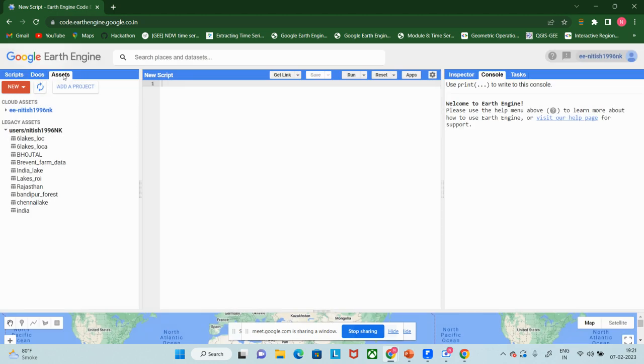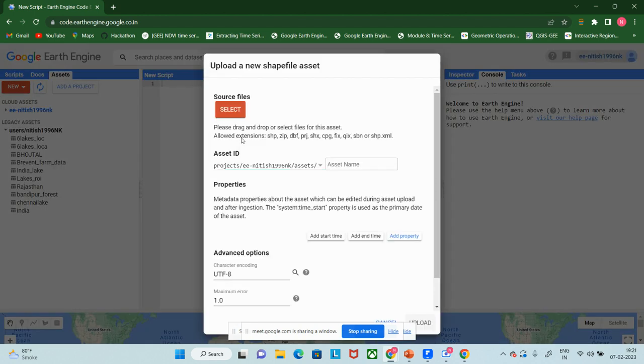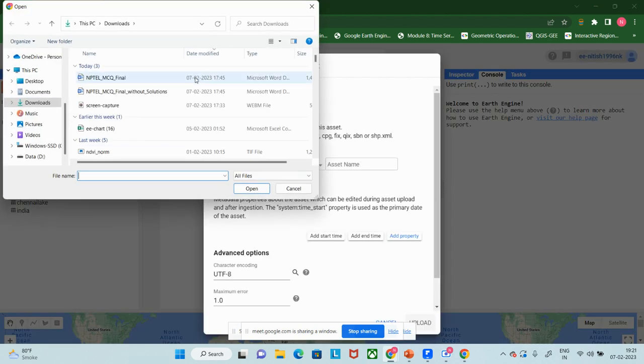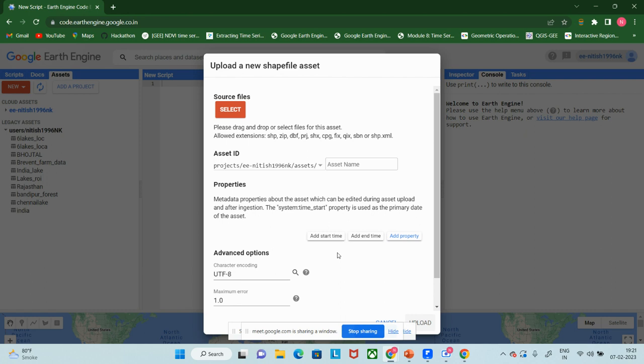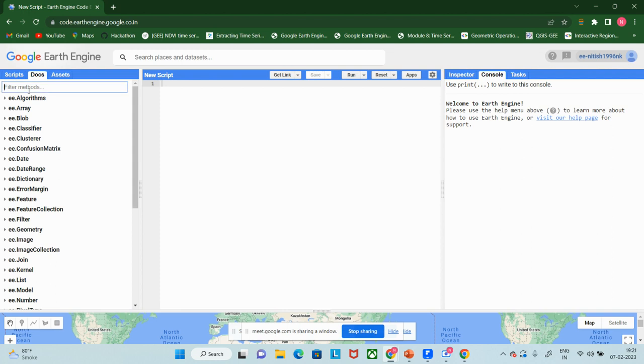And how we upload is you go to asset, new. We will be learning this in future when we need it, but today I want to give you an introduction. So with asset new, we can upload any shape file which we have. And here, if you see, there are many documents.